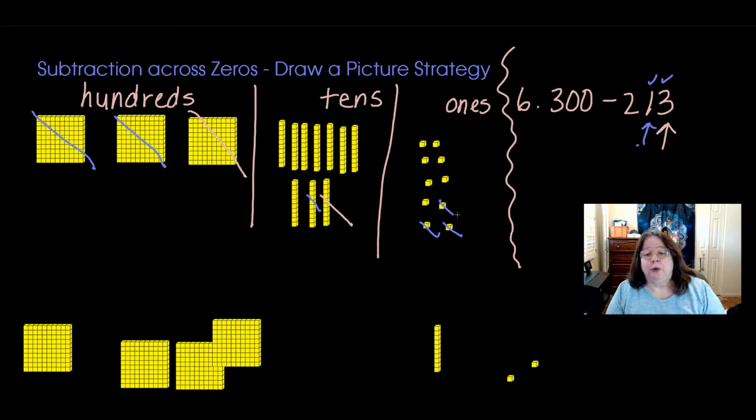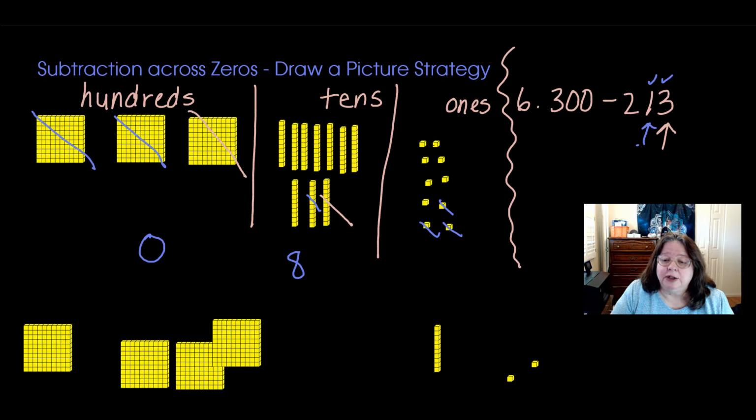Okay, what's left is going to be our difference. Let's count them up. We have 0 hundreds. Let's count up how many tens we have left. 1, 2, 3, 4, 5, 6, 7, 8. 8 tens.